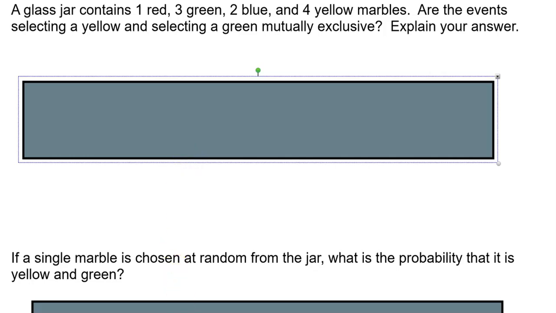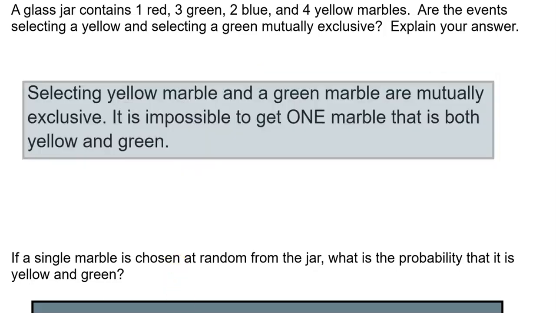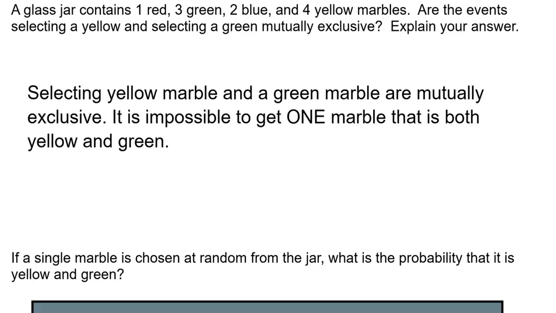And that answer is a hard no. No, so selecting yellow and green marbles are mutually exclusive. It is impossible to get 1 marble that is both yellow and green. They are mutually exclusive because it's impossible to get one that is both outcomes.